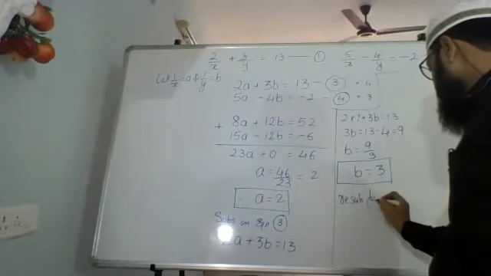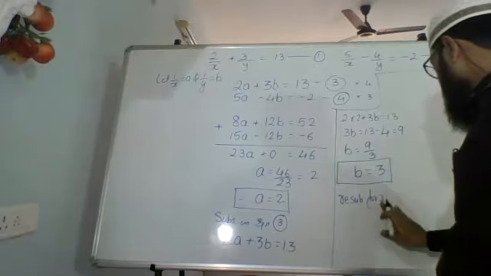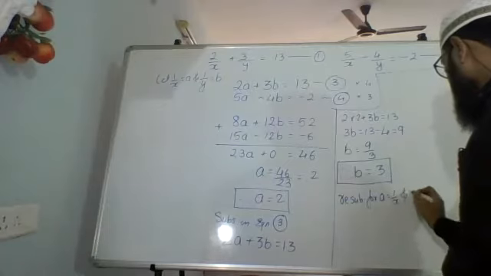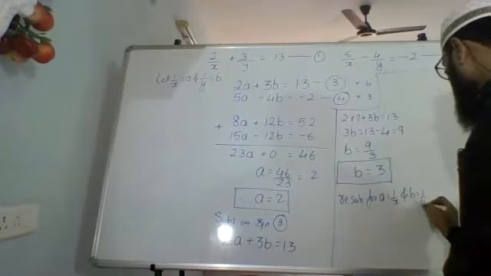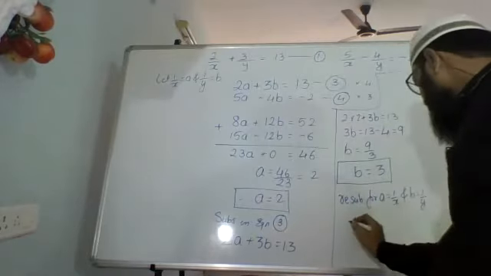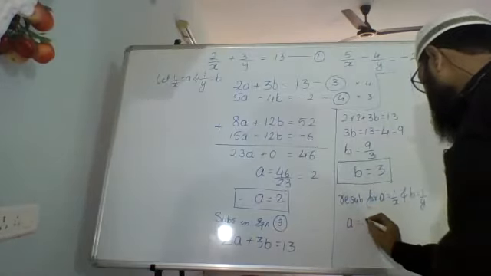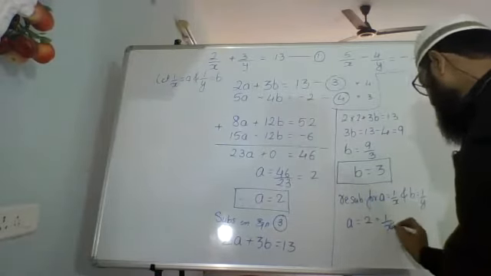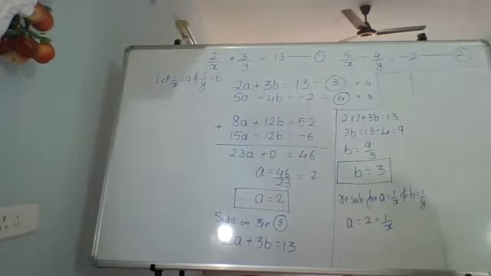So we are going to re-substitute for a equals 1 upon x and b equals 1 upon y. When we re-substitute, what do we get? a equals 2 equals 1 upon x.